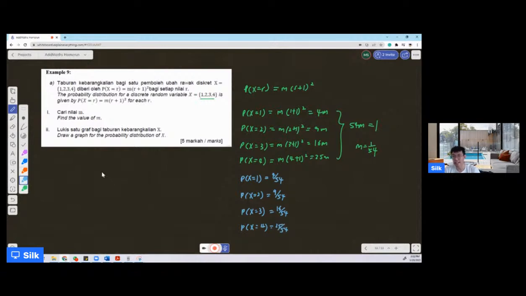Total must be 1. So when I sketch the graph, it's very simple. You just label it nicely: 4 over 54, 9 over 54, 16 over 54, and 25 over 54. So this will be 1, 2, 3, 4, and I draw the graph.